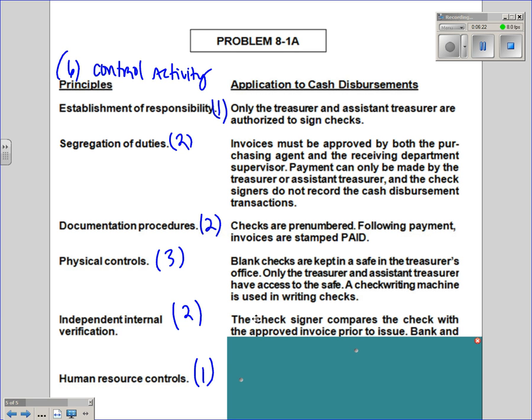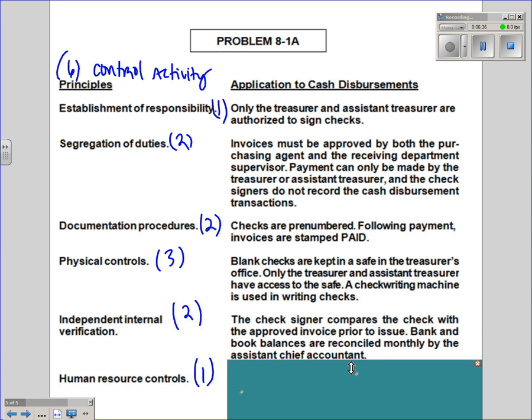So basically, there's someone in charge of signing checks. I think up here it said it had to do with the treasurer. Yep, the treasurer and the assistant are the only ones. And so internally, that is their job. That is their internal audit, if you will. And book and bank balances are reconciled monthly by the accountant. Internally, that accountant is cross-referencing with the bank.